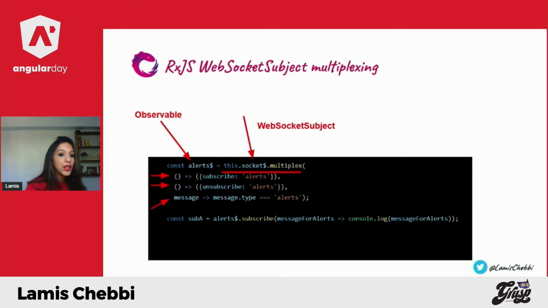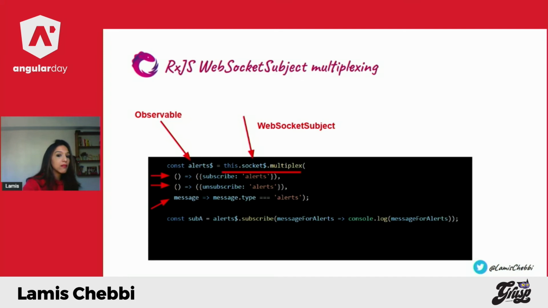So here is what will happen: the system will, at every subscription, send this message. Here I just sent subscribe alerts, but you can pass the whole object, and the system will send this when you subscribe to the server.